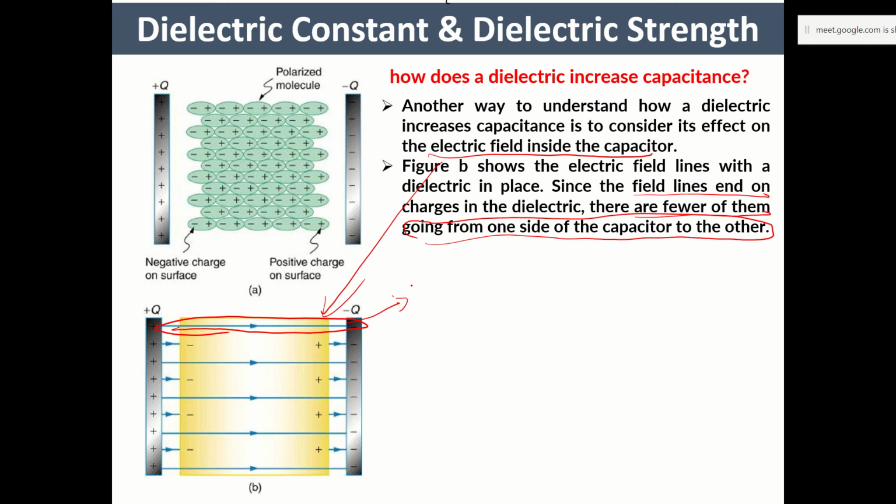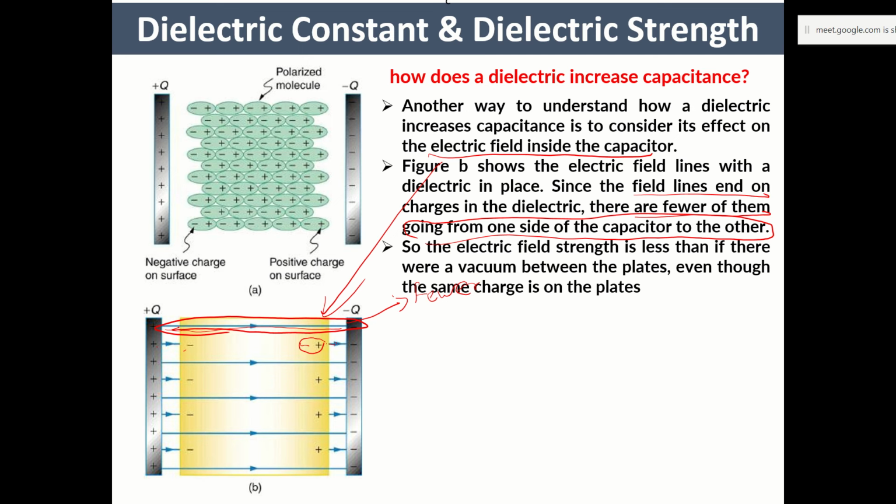Such lines would be fewer as compared to the previous case, when there is nothing placed between the plates. Wherever there is a dipole, the lines become shorter. It will start here and terminate here.